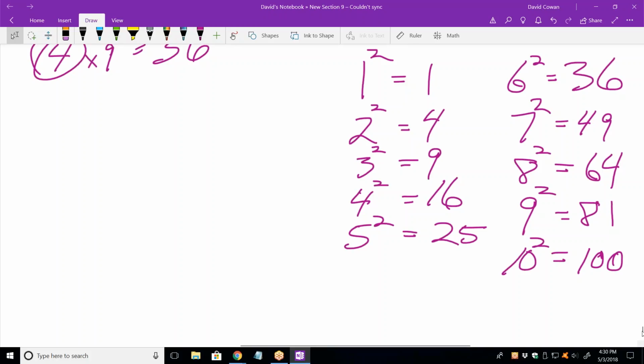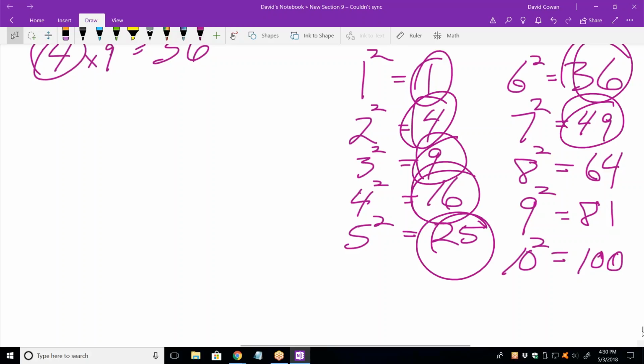You need to know both, but you really need to know your perfect square numbers. So the ones you need to know are 1, 4, 9, 16, 25, 36, 49, 64, 81, and 100. Those are numbers you want to recognize. When I show you 64, you should be able to tell me that's 8 squared. Or when I show you 36, you should know that's 6 squared.